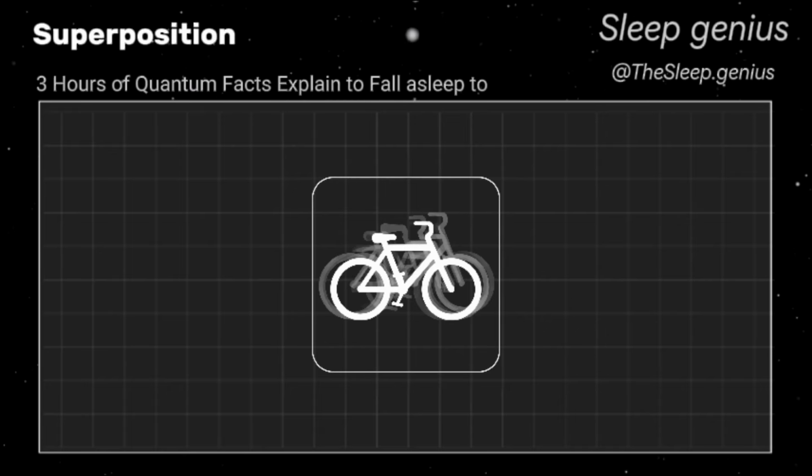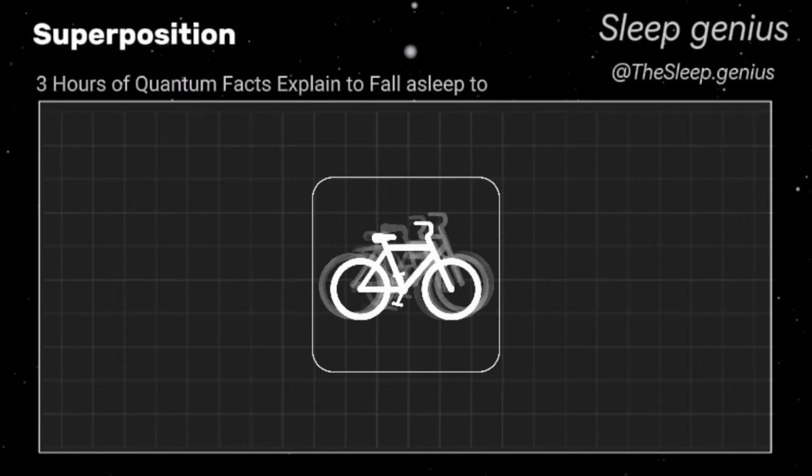Similarly, experiments involving entangled particles demonstrate that superposition is not confined to isolated systems. Measurement of one particle instantaneously influences the state of its partner, revealing a universe that is deeply connected and non-local. These experimental results are not merely technical curiosities. They are windows into a reality that operates on principles that defy conventional logic.